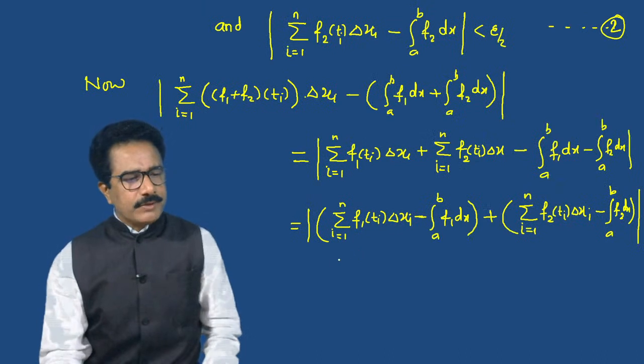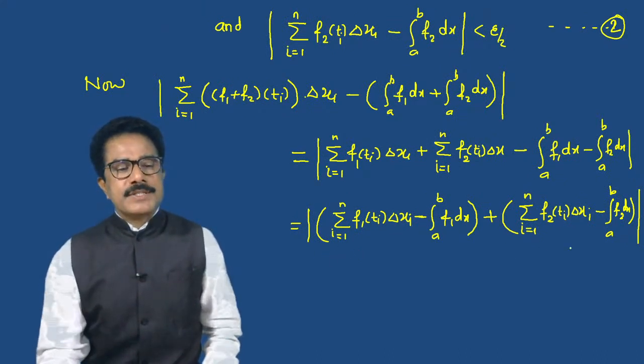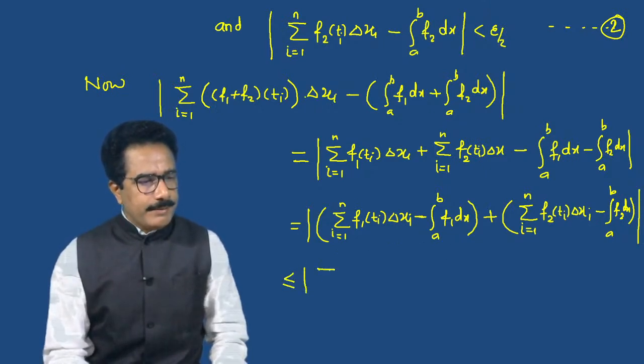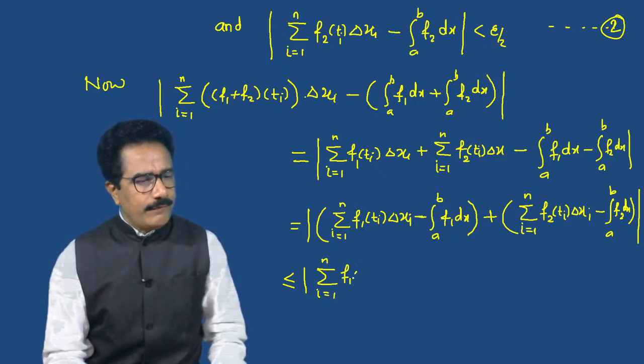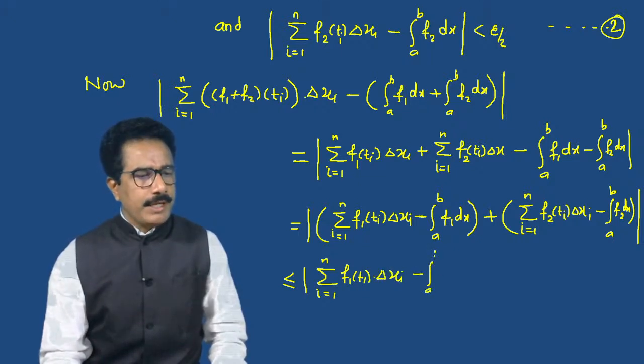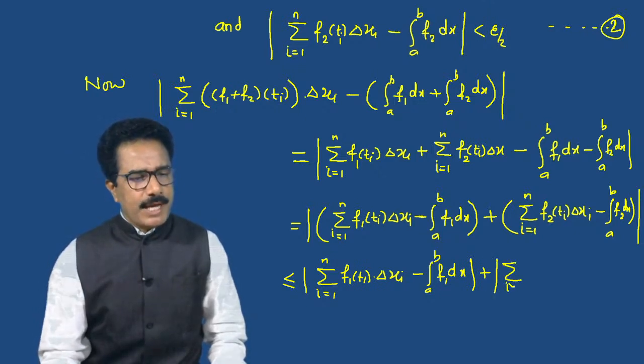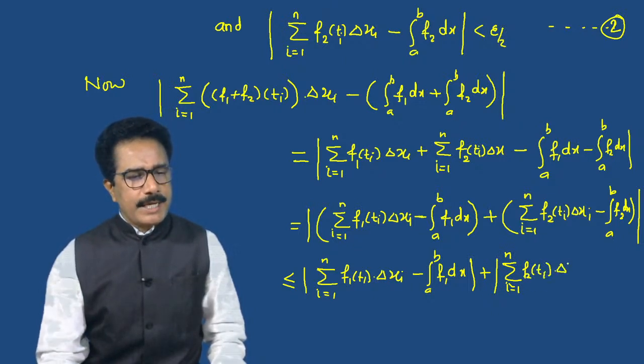Now see, using mod of a plus b, we can write this as mod of summation i equals 1 to n f1 of ti into delta xi minus integral from a to b f1 dx, plus mod of summation i equals 1 to n f2 of ti into delta xi minus integral from a to b f2 dx.